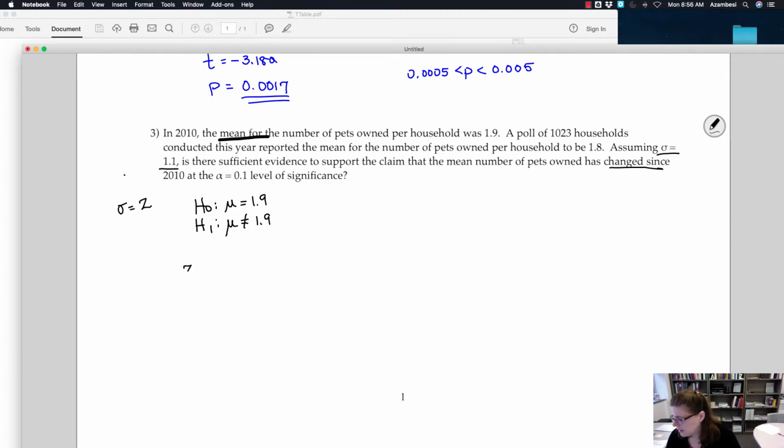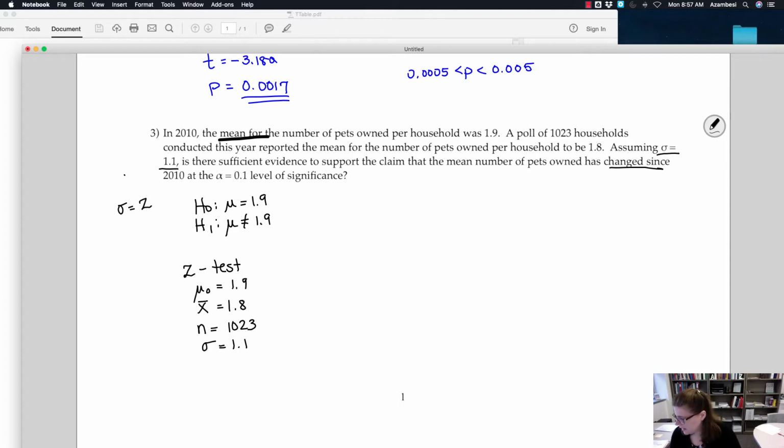Our test statistic, z-test, with mu equal to 1.9, x bar equal to 1.8, n equal to 1023, and sigma equal to 1.1, and we have not equal to.